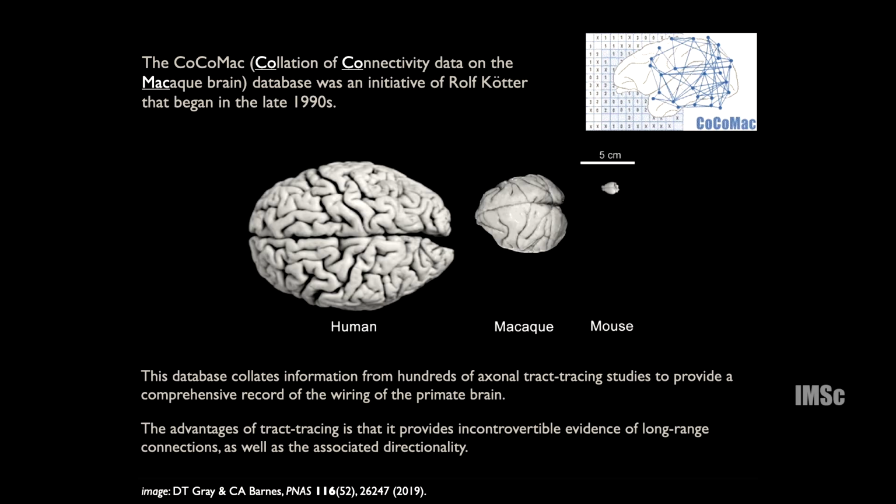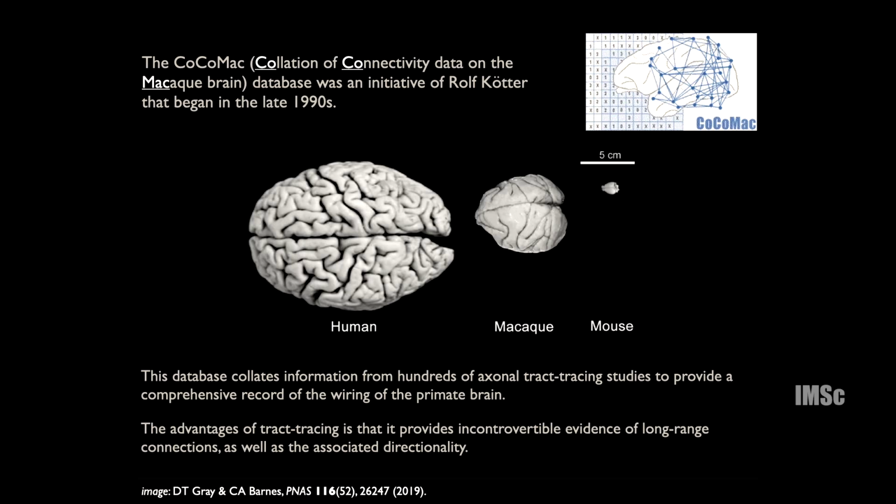So for a lot of treatments and various other things, people study the macaque brain. Well, not just the macaque, the primate brain. As you can imagine, there's a lot of data available for the connectivity between different regions of the brain. The macaque is one of the model species that has been most widely studied.